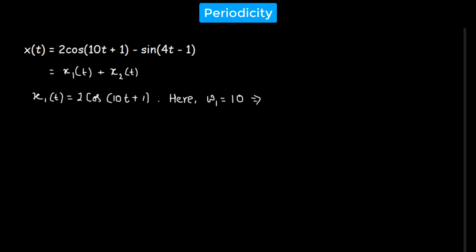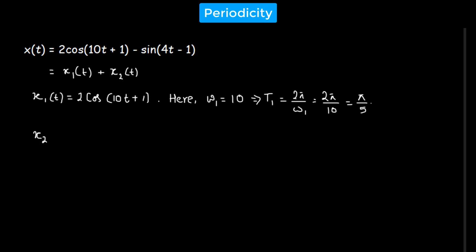That gives us the fundamental period T1 equal to 2 pi over omega 1, which is 2 pi over 10, and that gives us a period of pi over 5. So this is the fundamental period of x1 of t.